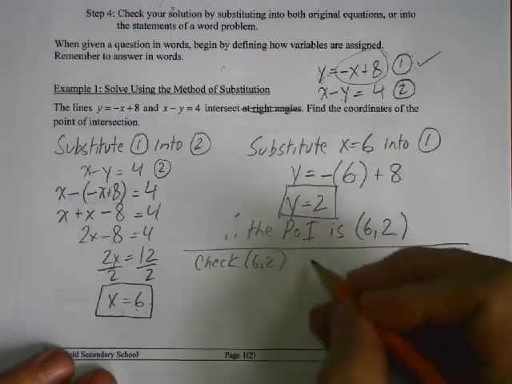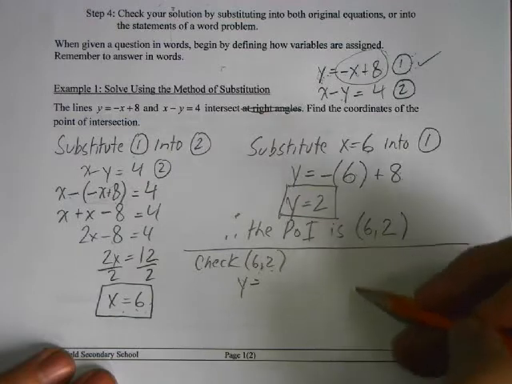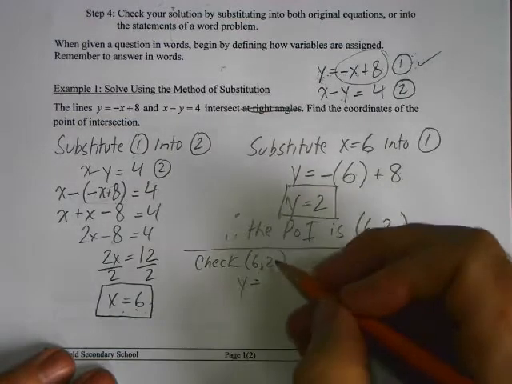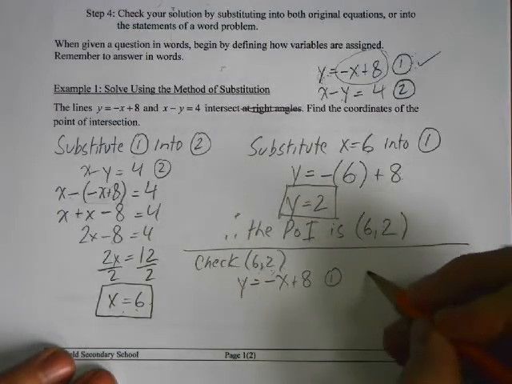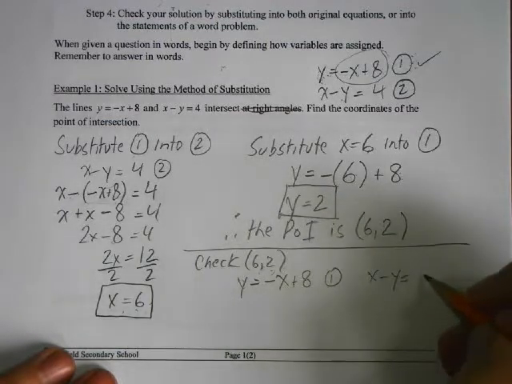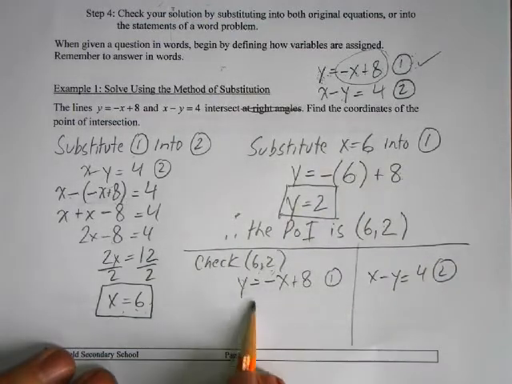Okay, so the way we do that, I'm going to do equation 1 here and equation 2 here. So y equals negative x plus 8, and then over here x minus y equals 4. Okay, so now I'm just going to plug in.